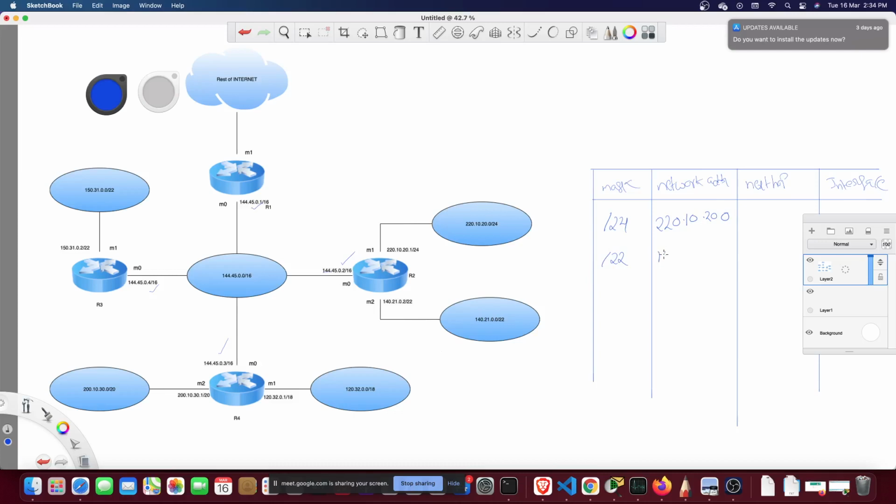And what is the network address? 140.21.0.0. 24, 22, another one is 20. We have another one, this 22 here. We can write this 150.31.0.0.